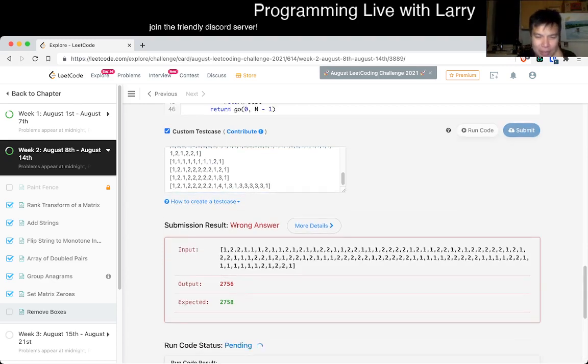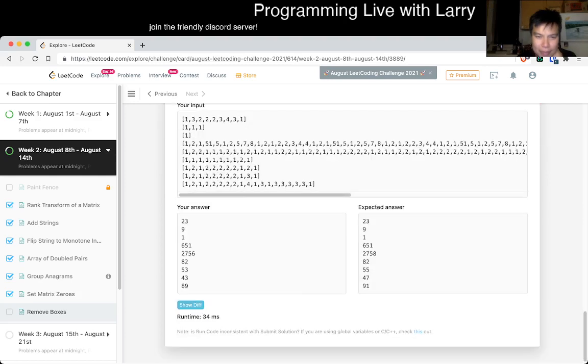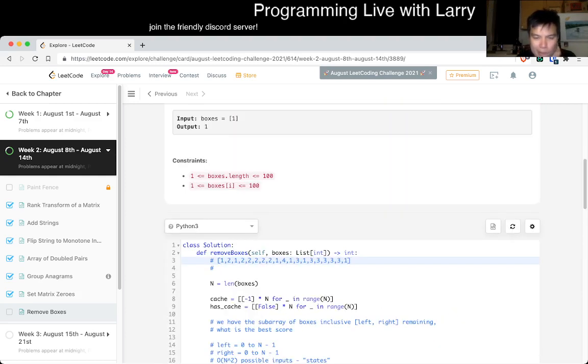So how do I do this? I did have an assumption on the greedy, maybe, where if these are the same color boxes, then we can always partition the middle. But I guess maybe that's not the case.